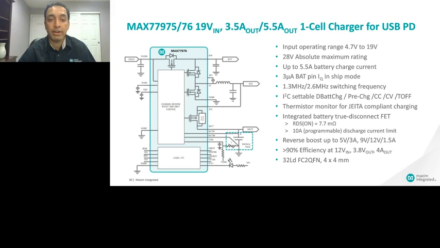We also have a very high discharge current capability. It offers up to 10 amps of continuous discharge current, which is perfect for applications where you need very high performance or very large transient loads. This part can support that very easily.